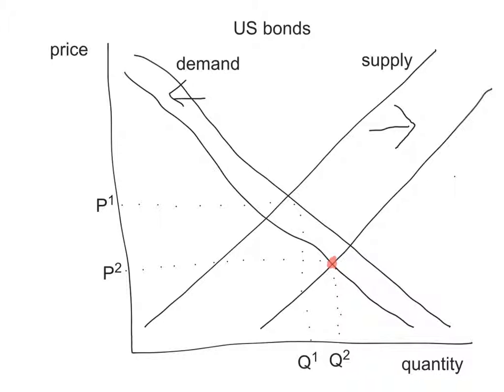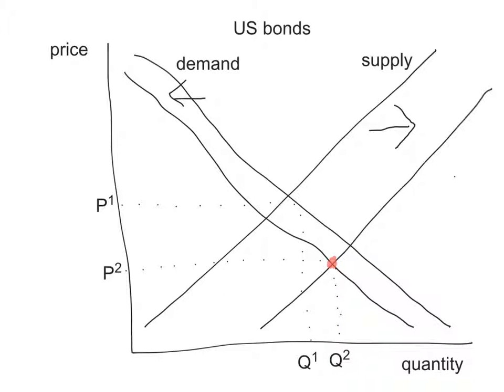Then, once you have your result for P, is it going up or is it going down, you then conclude what will happen to the interest rate or the yield. Same thing on the bonds. If P falls, the yield will go up. If the new equilibrium P has increased, then the yield will go down. By the way, you notice in the story from the Wall Street Journal, they make that point. There's an inverse correlation between price and yield.